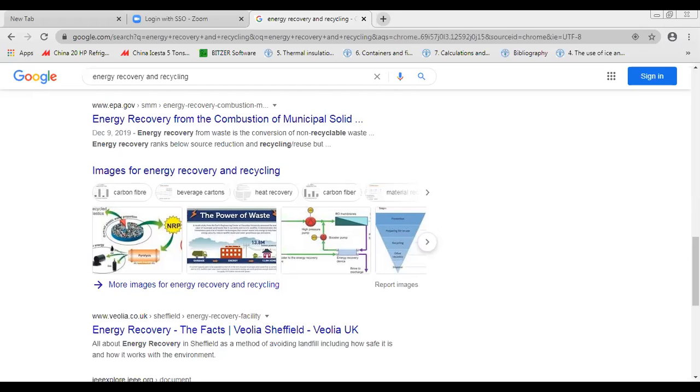Then your energy input is less, your emissions are not there, and your net output is more. So new technologies for burning and combustion really bring innovation in this direction.